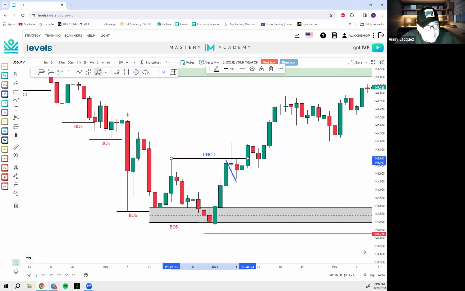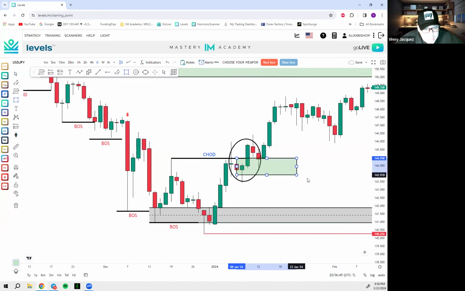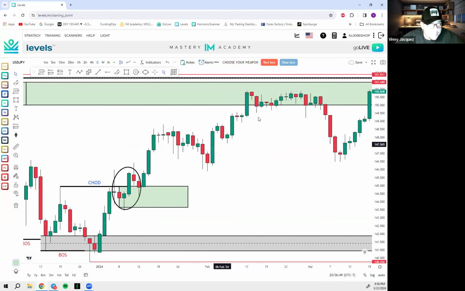Guys, is this a breakout rally right here? Now, it's only a 2-candle breakout rally, but would you consider that a breakout rally? Yes or no? Yes. So that last selling candle is your starting point, and that's where market decided to respect, which is fine. You just got a whole lot of pips.